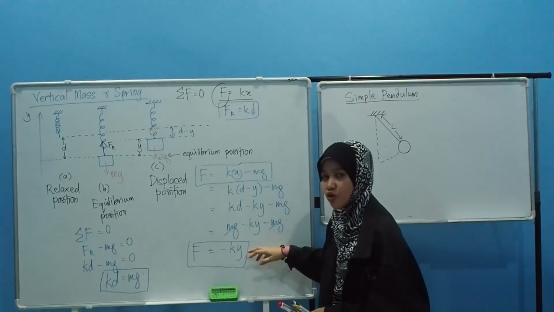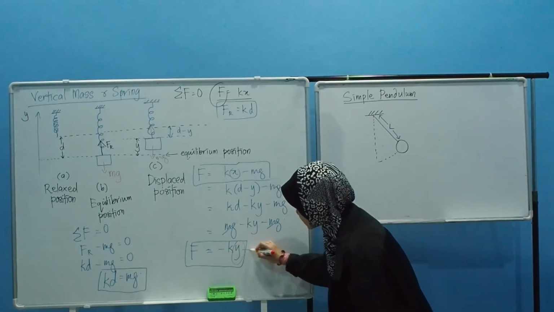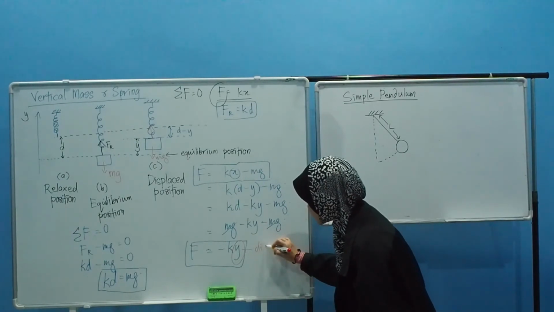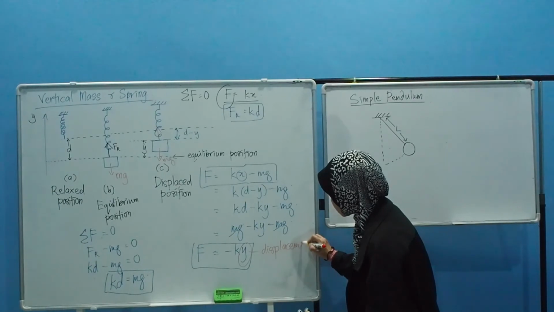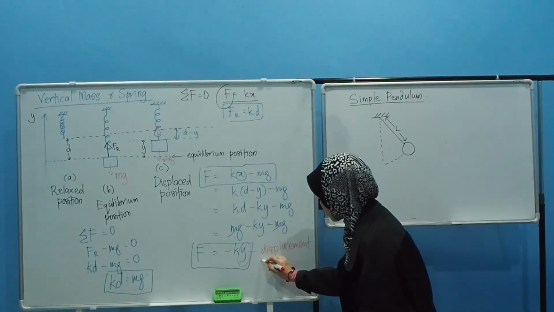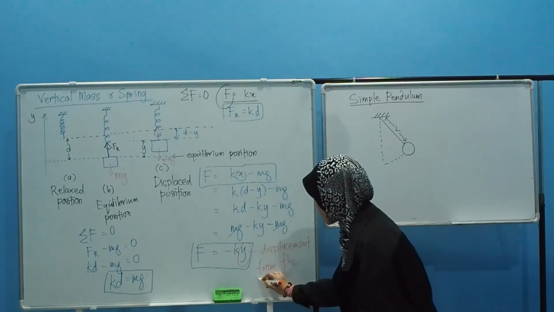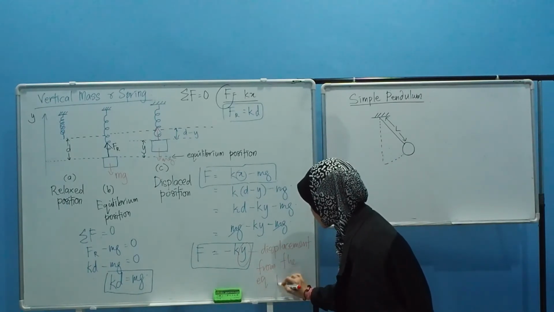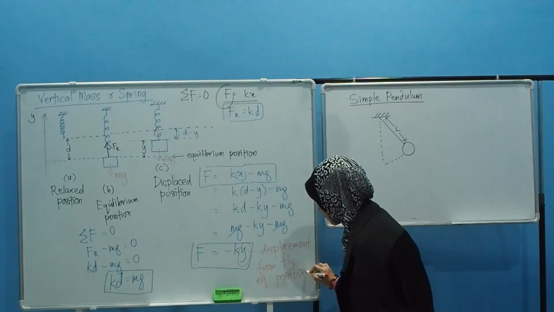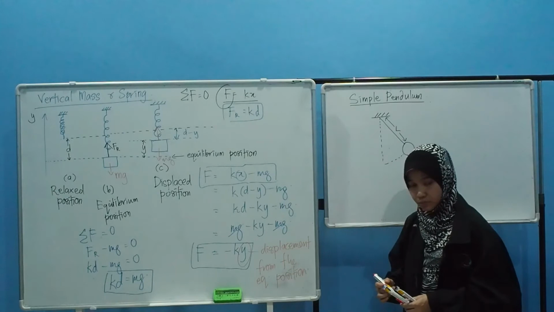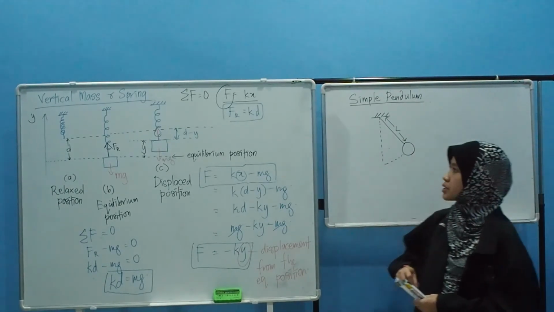This is actually Hooke's law, where y is the displacement from the equilibrium position. So that is about vertical mass and spring.